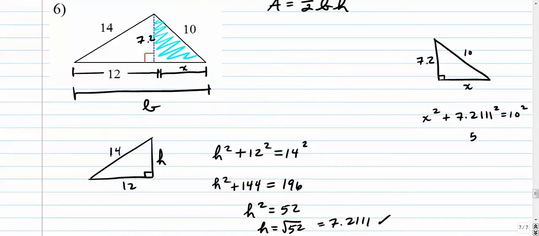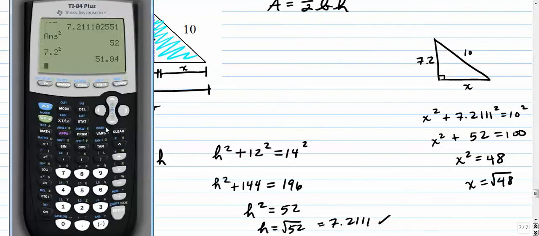So anyway, we want to go over here. We want to go 52 plus x squared equals 100. So x squared is equal to, what is that, 48. So we need to take the square root of 48. The square root of 48 is just under 7.